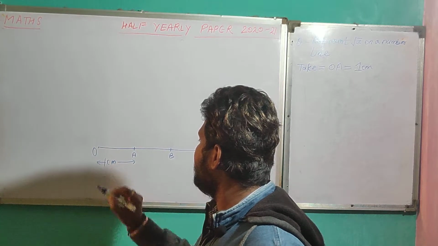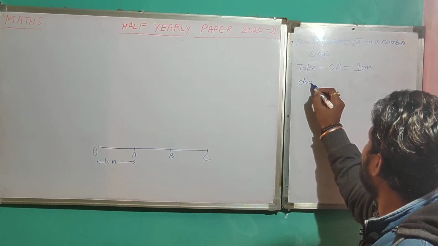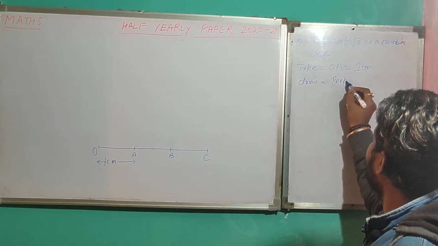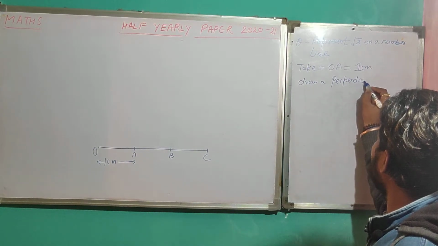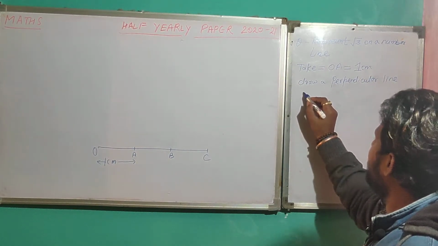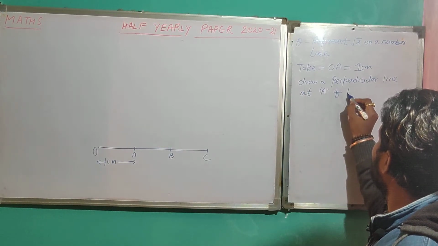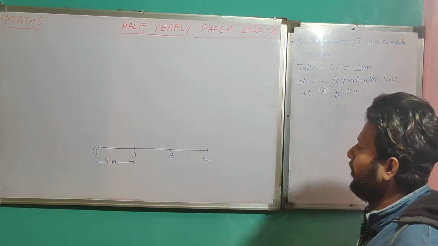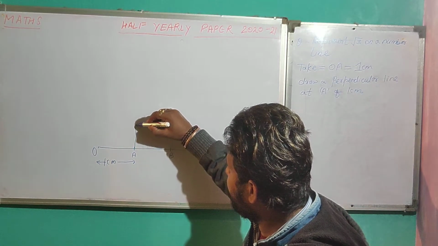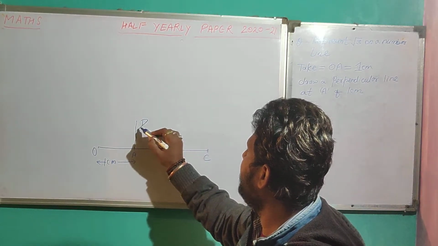Okay, this is OA, 1 centimeter. Now draw a perpendicular line at A of 1 centimeter. From point A, draw a 1 centimeter line in upward direction. Suppose this point is D.